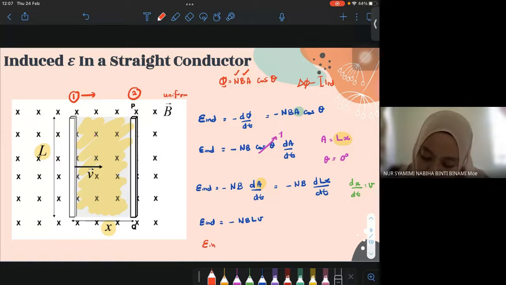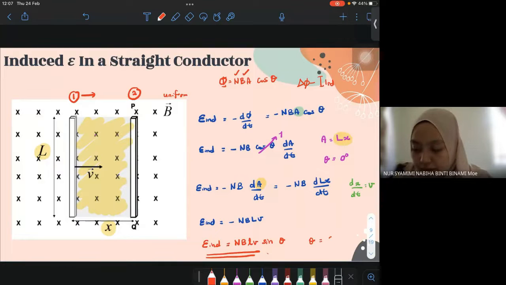So E induced for a long straight wire is equal to N B L V sin theta, where theta is the angle between V and B.